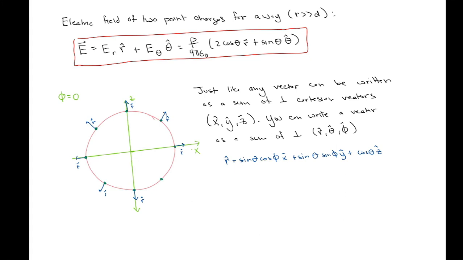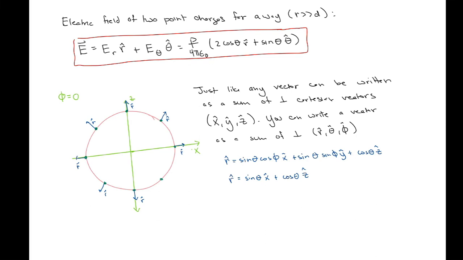If phi is equal to 0, then for this particular configuration, we would get r hat equal to the sine of theta x hat plus cosine of theta z hat.